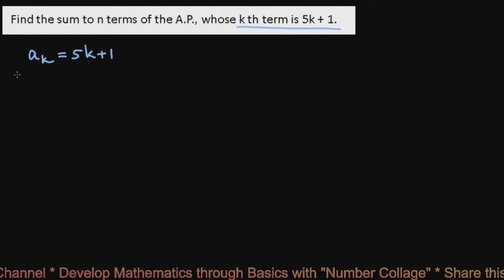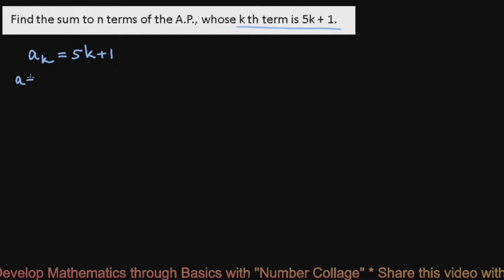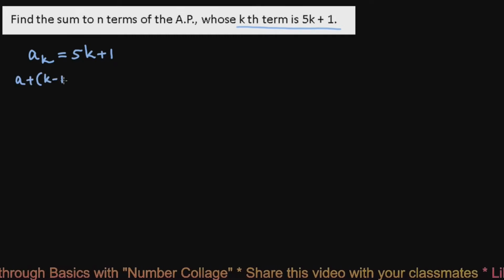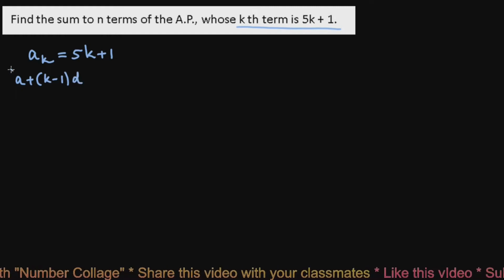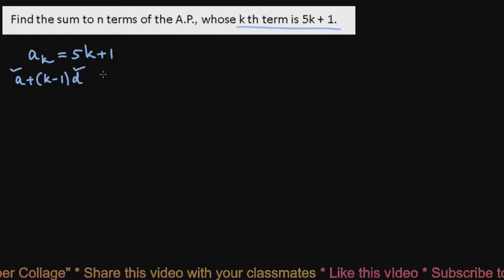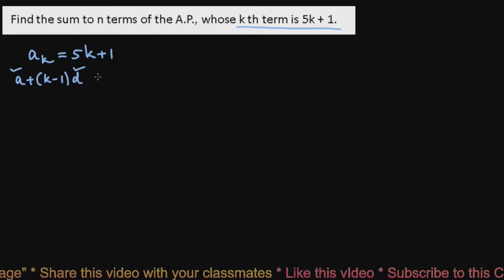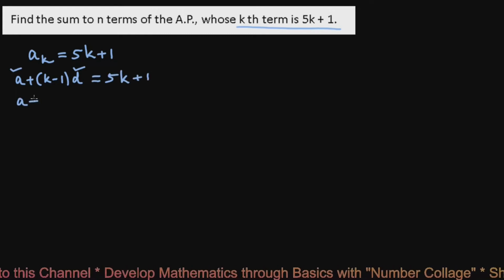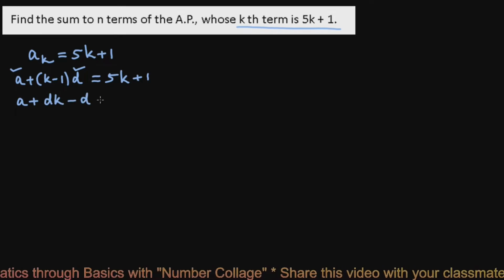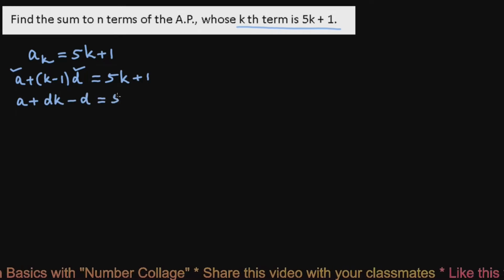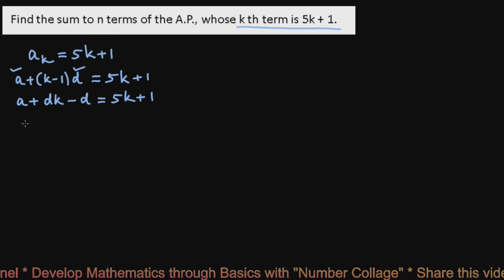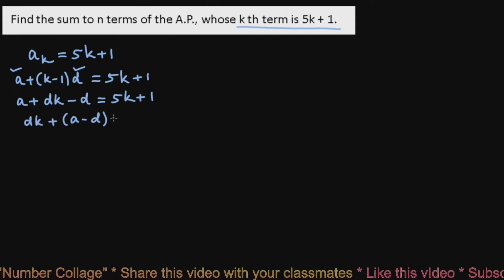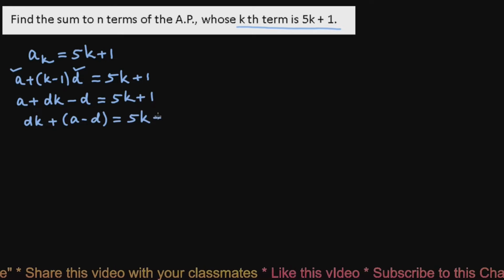We have a_k equals a plus (k minus 1) into d, where a is the first term and d is the common difference which we have to find out, equals 5k plus 1. This will be a plus dk minus d equals 5k plus 1, which we will write as dk plus (a minus d) equals 5k plus 1.